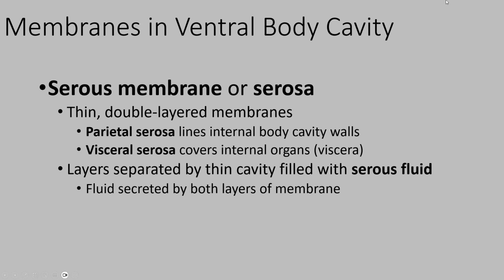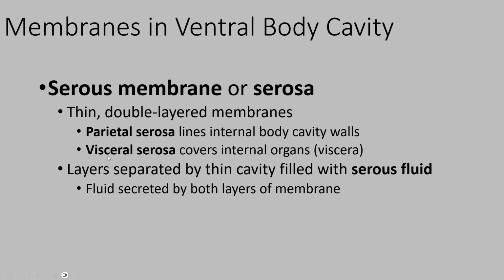The parietal serosa is what we call the outer layer, the layer closest to our body wall. And the visceral serosa is the inner layer. This layer rests directly on the surface of the organ that is being surrounded. And remember, we said that viscera is another name for those organs. That's how you can remember what's what.